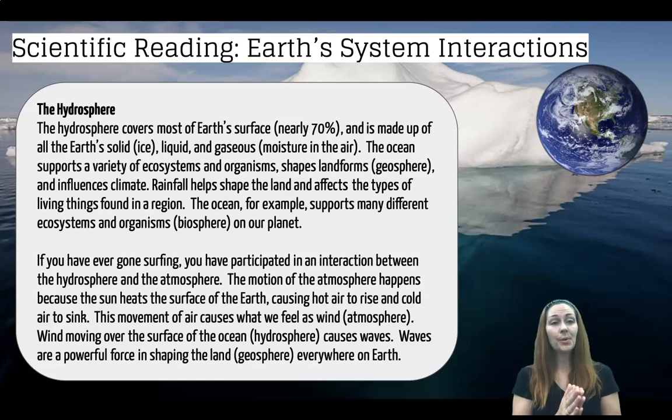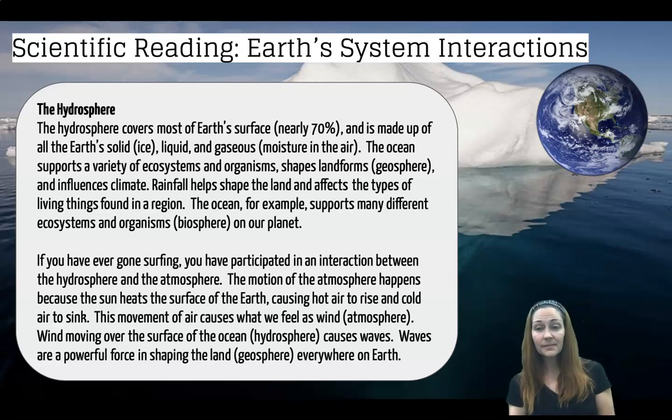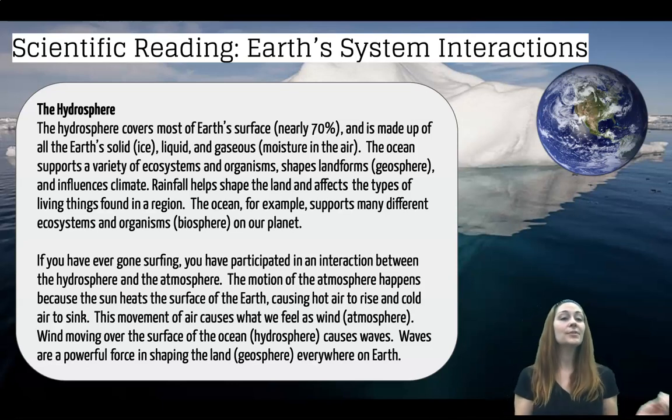The ocean supports a variety of ecosystems and organisms, which is our biosphere, shapes landforms, our geosphere, and influences climate, part of our atmosphere. Rainfall helps shape the land and affects the types of living things found in a region. And the ocean, for example, supports many different ecosystems and organisms, our biosphere, on the planet.